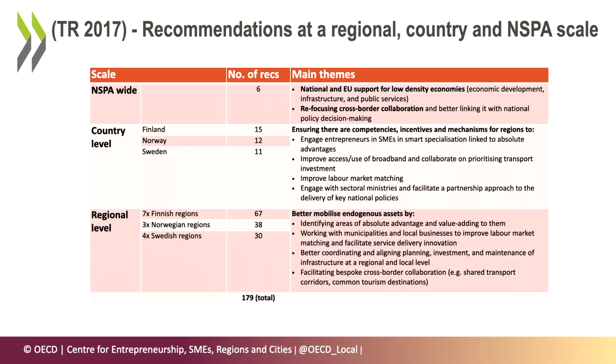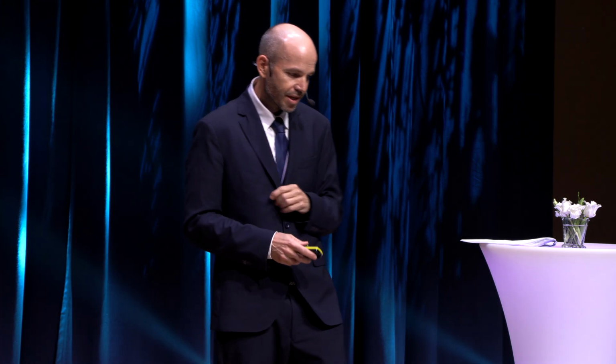The review basically provided close to 200 recommendations. It was a large-scale endeavor. Some recommendations are to all 14 regions, the NSPA. Some of them were specific to the different countries, so at national ministries. And then for each of the 14 regions, we have very specific recommendations.